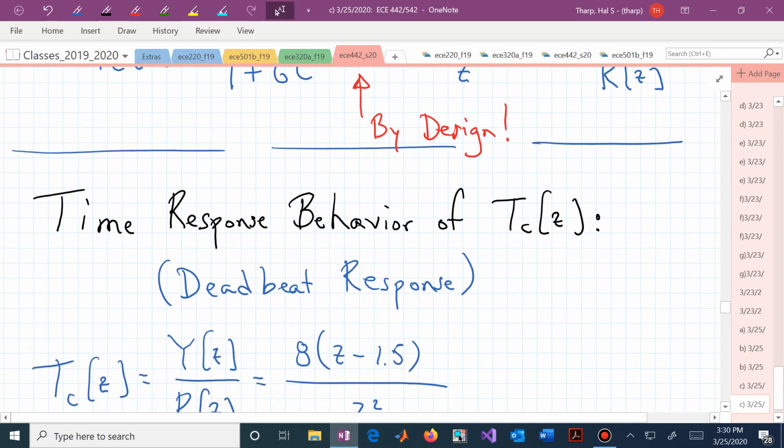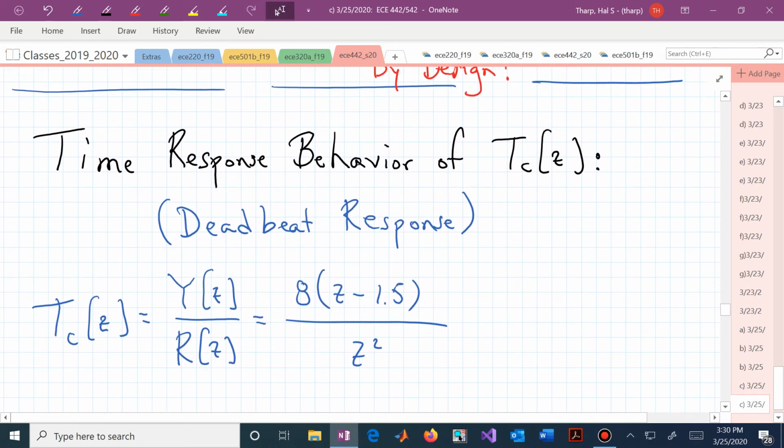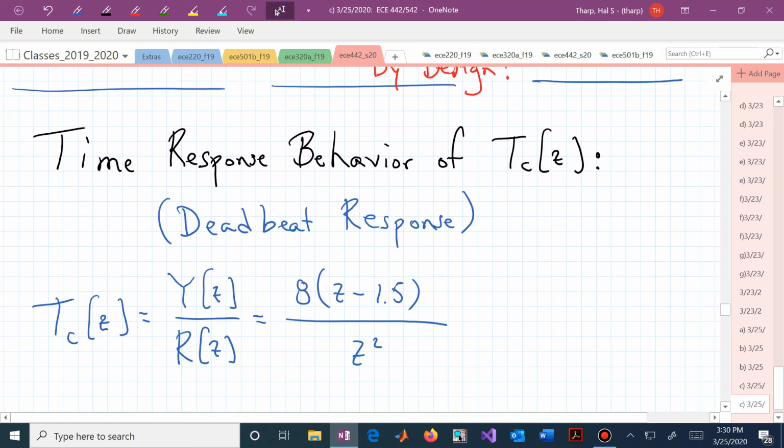We really know where it's going to settle, but let's go ahead and work through that. Now we have T sub c is y over r. We know that by design is 8 times z minus 1/2 over z squared. Well, in order to put that into a difference equation, let's make this ratio of polynomials be in terms of powers of z to the minus 1.